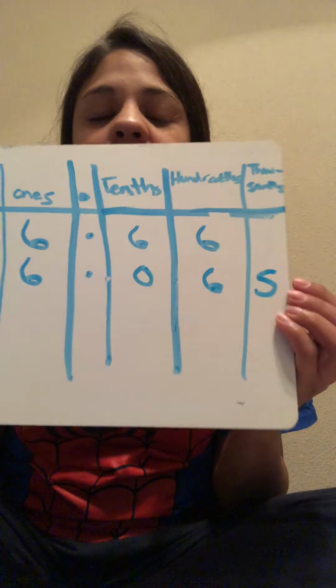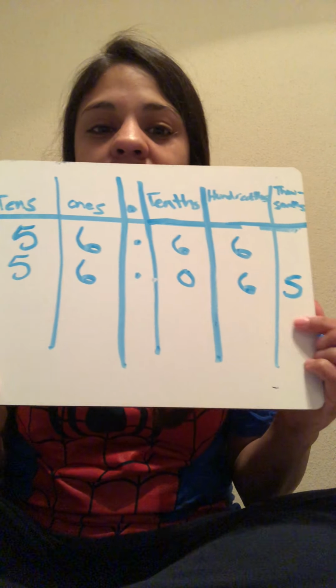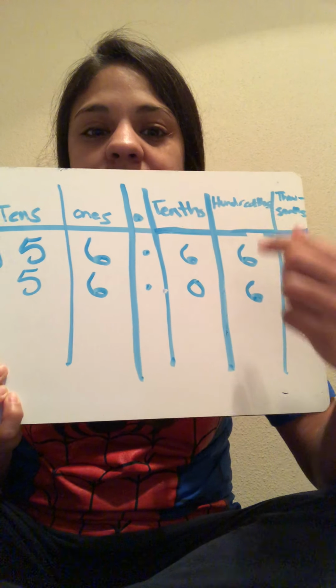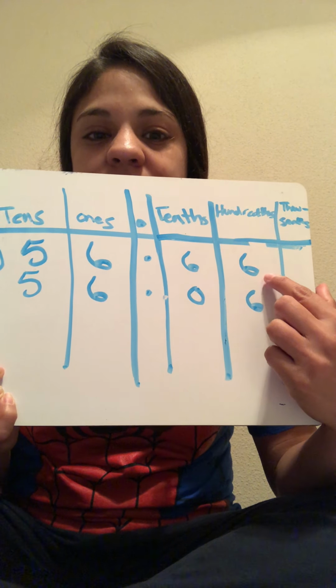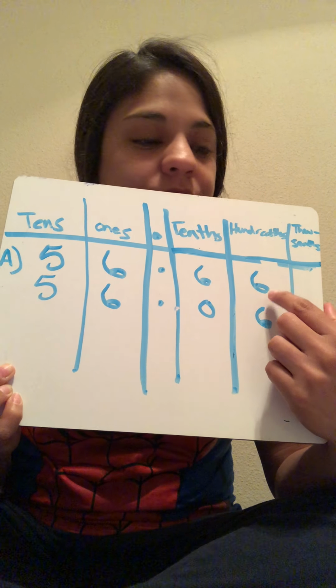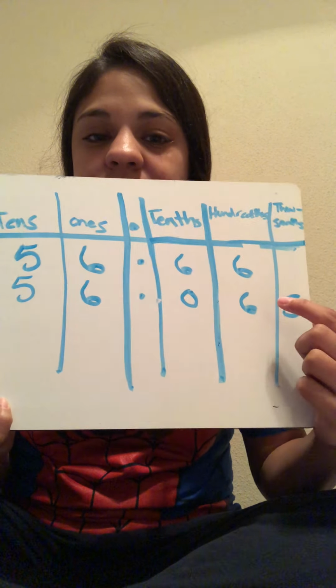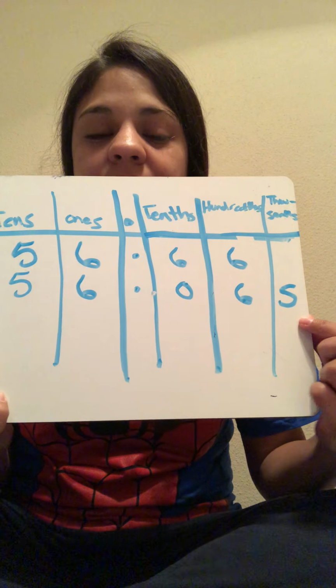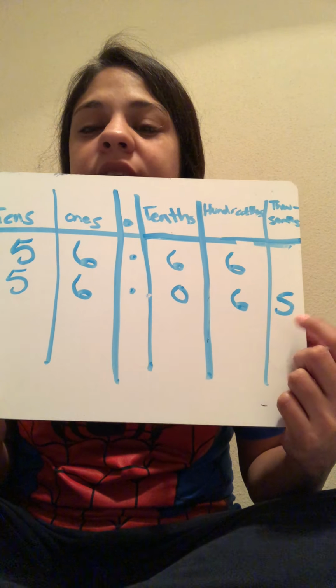So this one is 56 and 66 hundredths. And then we have 56 and 65 thousandths. If you notice, you always say the last place value. In this case, my last place value was a 6, so I said the hundredths. In this case, my 5 was the last place value, so I have to say the thousandths.